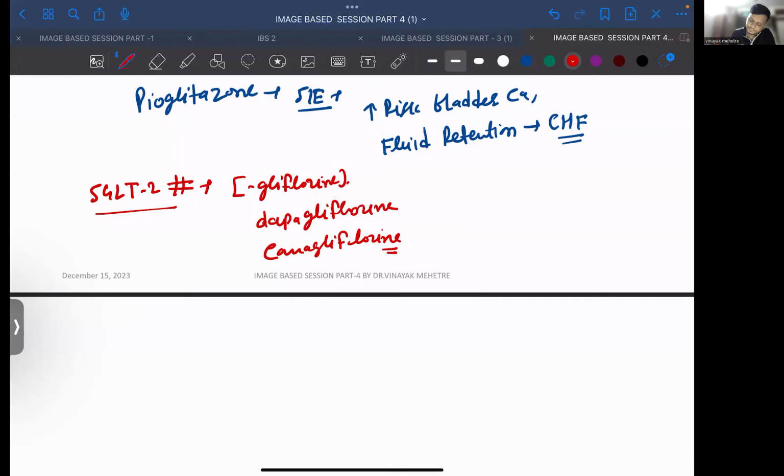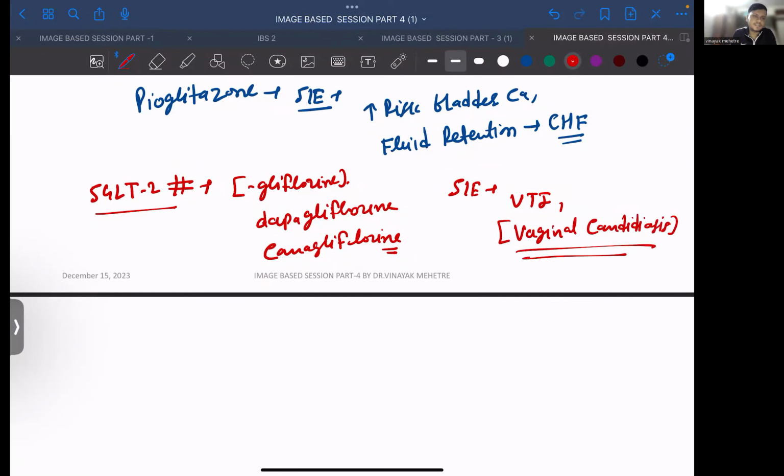Side effects are urinary tract infection or UTI होगा, and also it is going to cause vaginosis, vaginal candidiasis. Okay, इसे याद रखना, vaginal candidiasis.